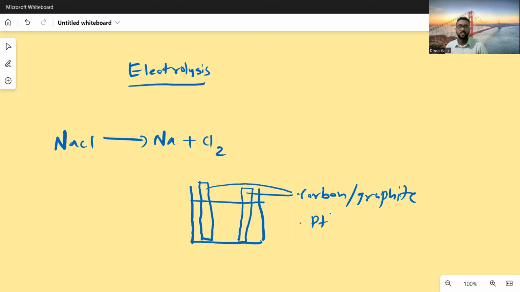But these two rods have to be inert, because in O-level we are discussing only inert electrodes. So carbon and platinum are inert electrodes. These two rods we call electrodes.